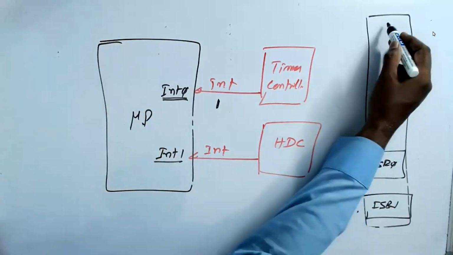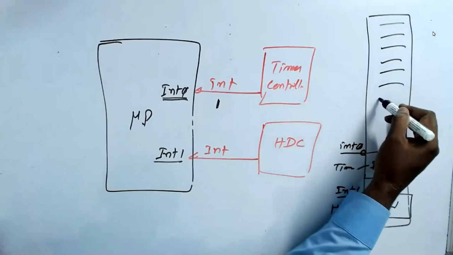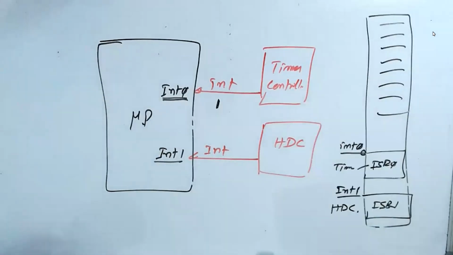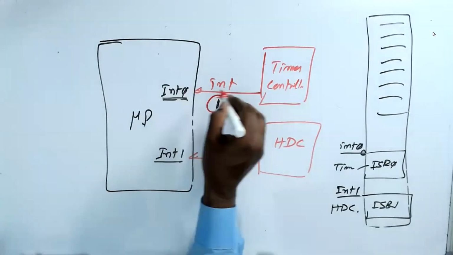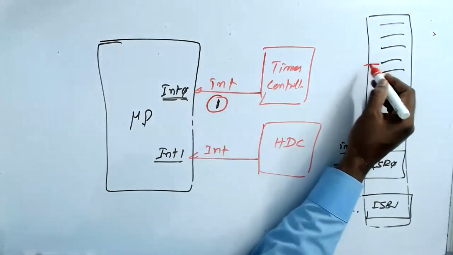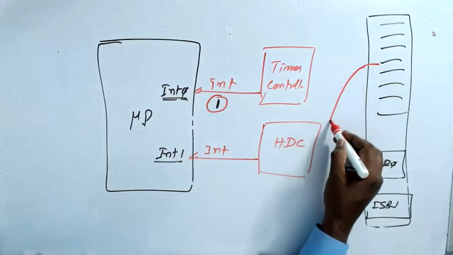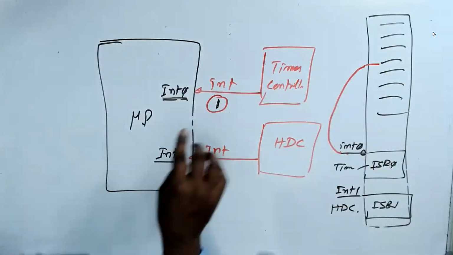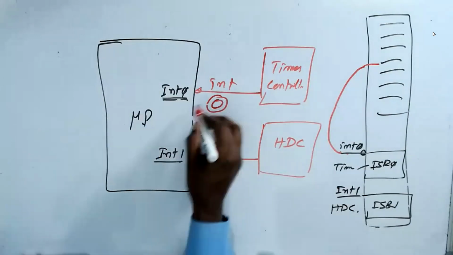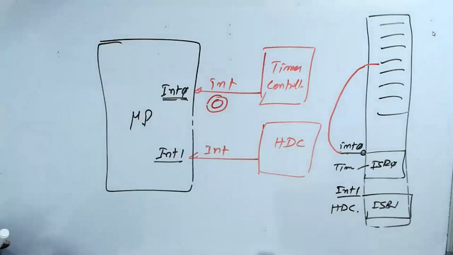Let us assume that you are executing the function here. You are executing your program. Now, if int 0 becomes 1 at this place, your function comes here, it stops here and comes here. By chance, instead, this one becomes 1. Which one? The hard disk controller interrupt.